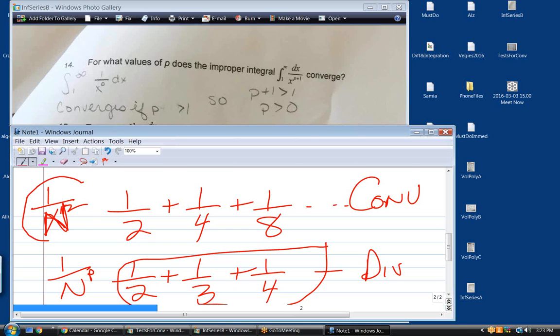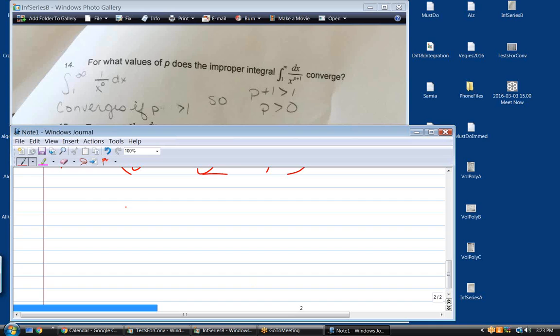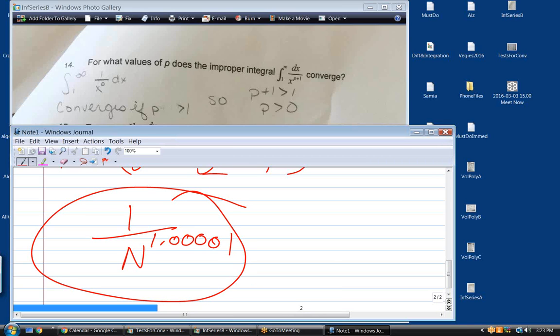Whereas in this one, p is 2, right? As long as p is greater than 1, the series will converge. In other words, if I even had this kind of series, 1 over n to the 1.00001, that series converges, just like 1 over n squared converged.